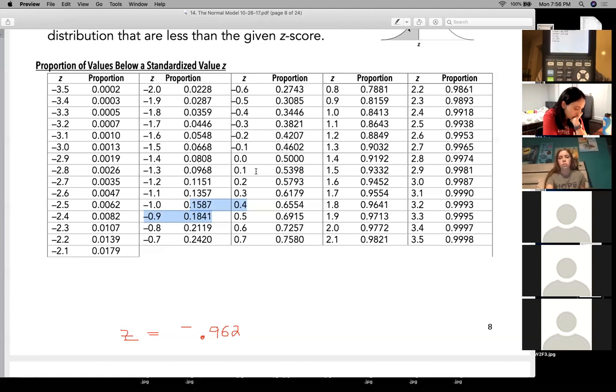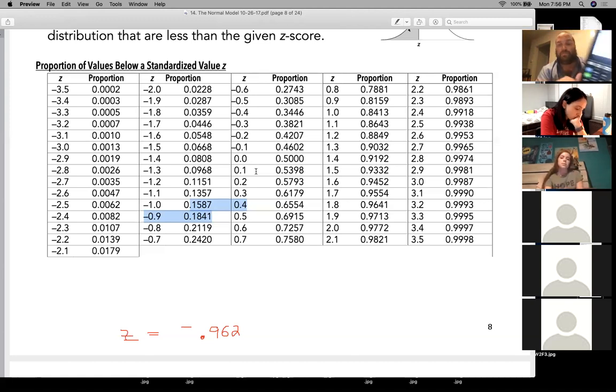You with me so far? Okay. Now, the lower bound is going to be negative infinity because we want to go all the way from negative infinity up until Kim's height. What was Kim's height again? 62.5 inches. So for my upper bound I put in 62.5.